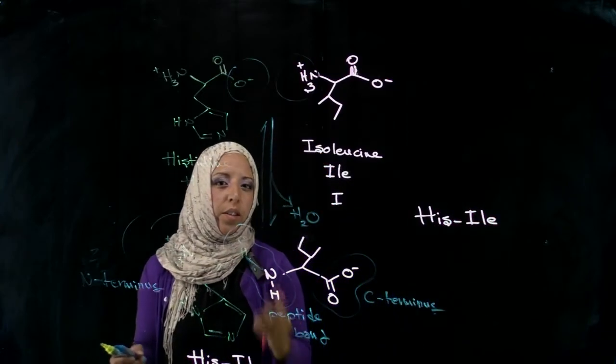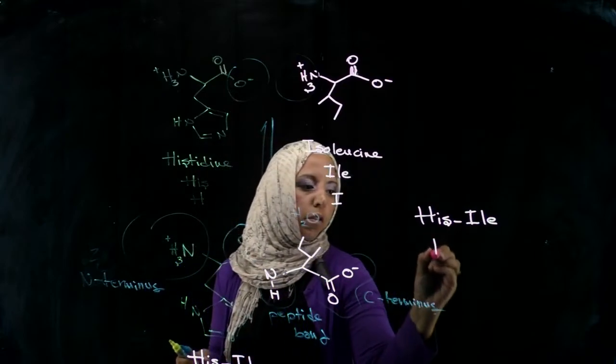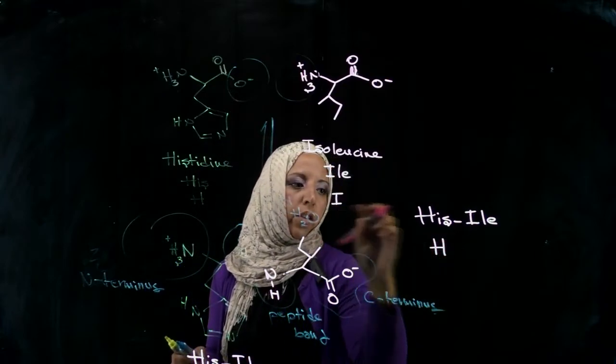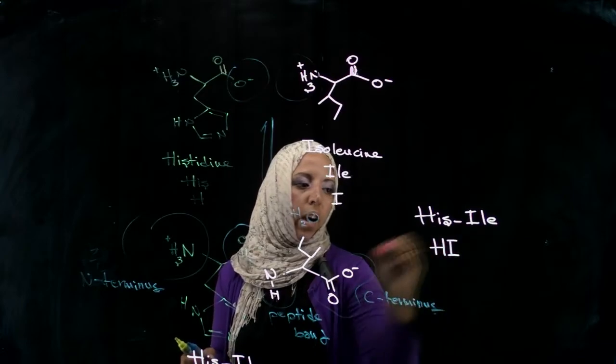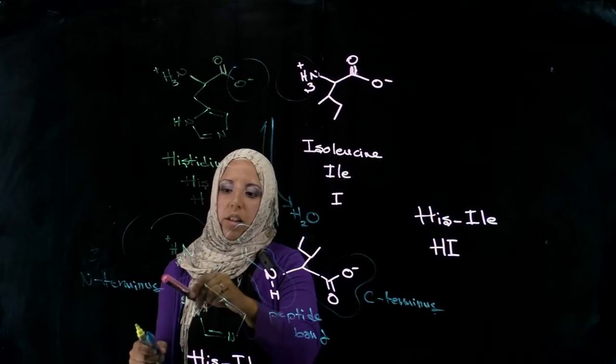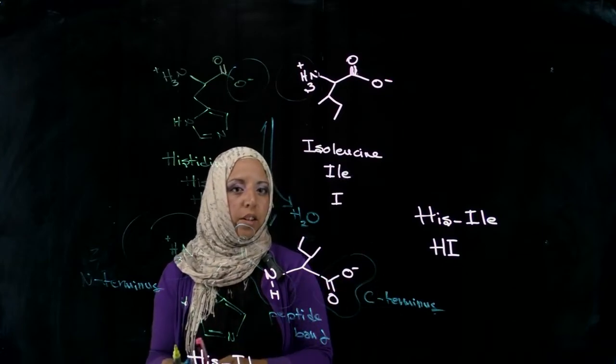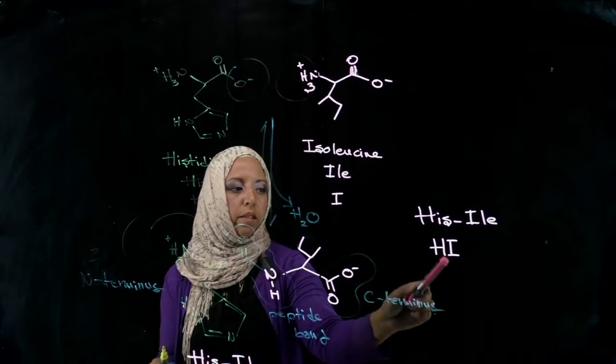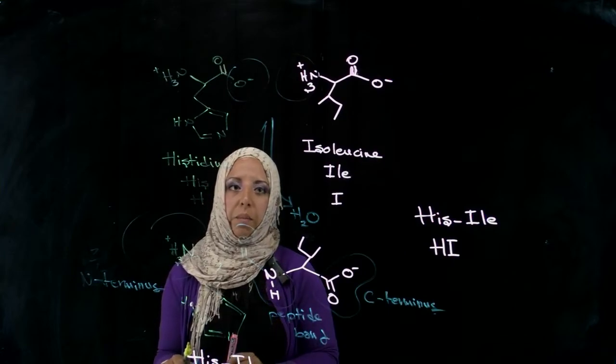Or we can write the sequence using the one-letter abbreviation. For histidine, it's H. For isoleucine, it's I. Hi. You can actually draw a peptide sequence using your first name or your last name. Try it based on the one-letter abbreviation of the amino acids.